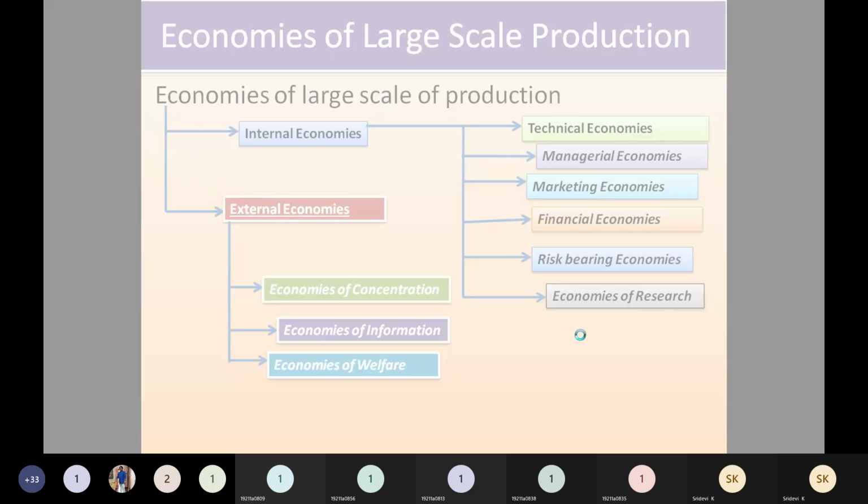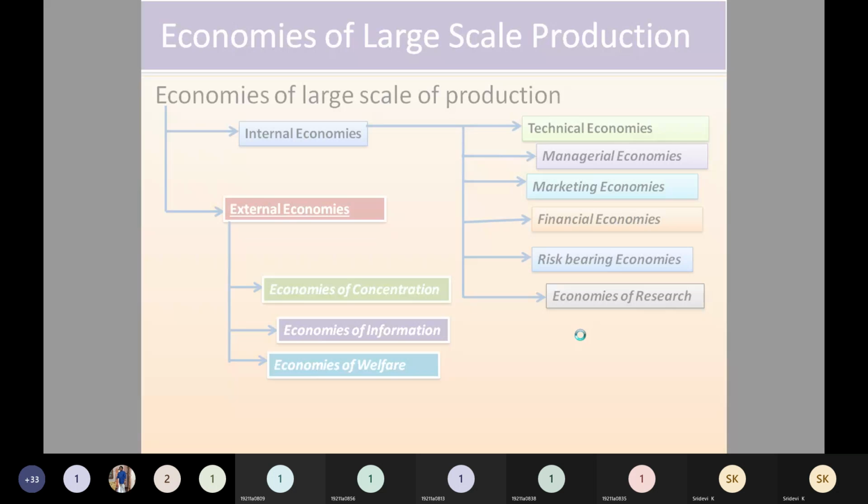Because if you are in large scale, you are going to divide all the activities and you are going to have separate, specialized departments. So you will be having specialized persons to head that particular department.